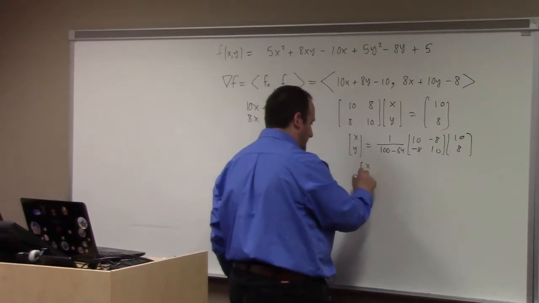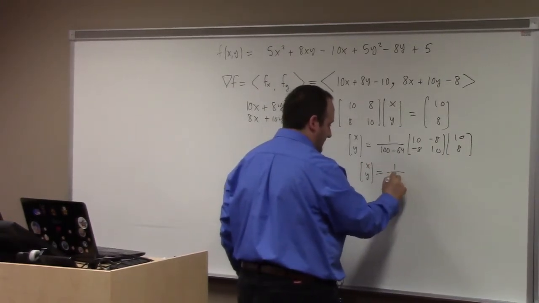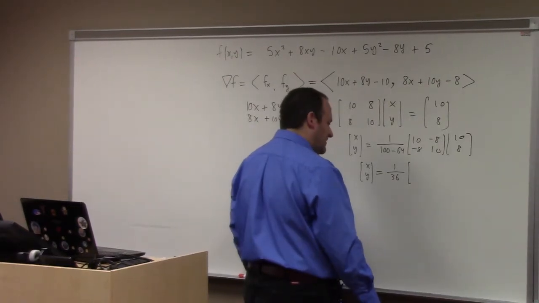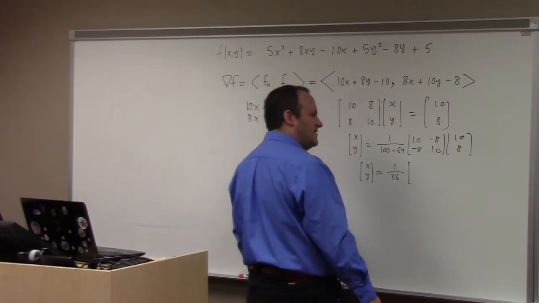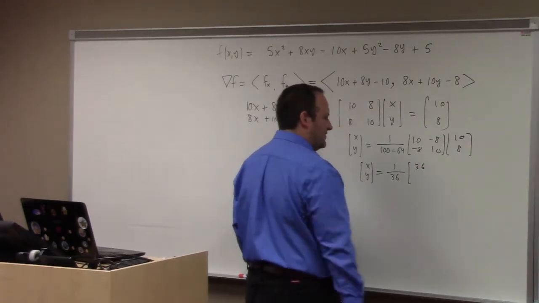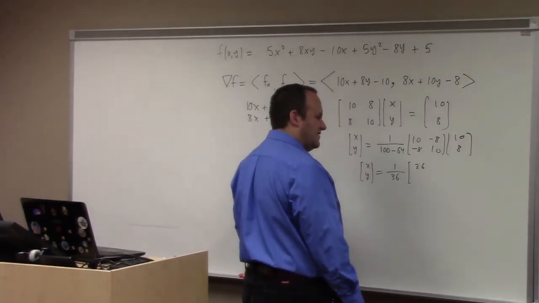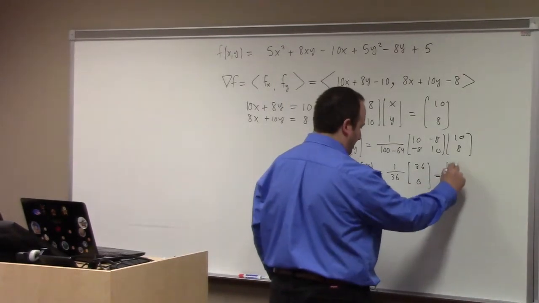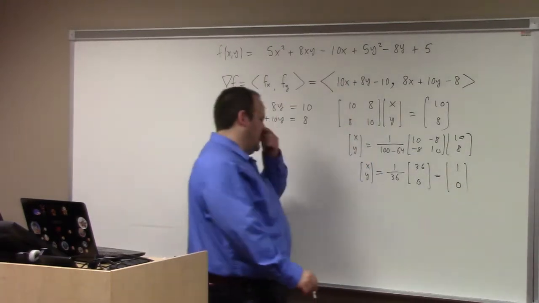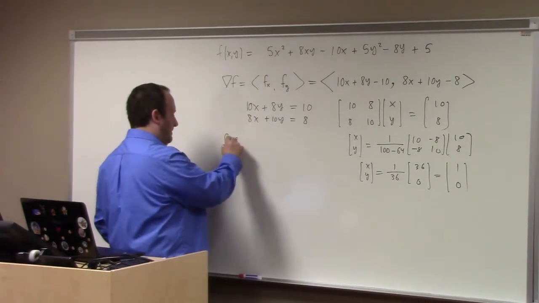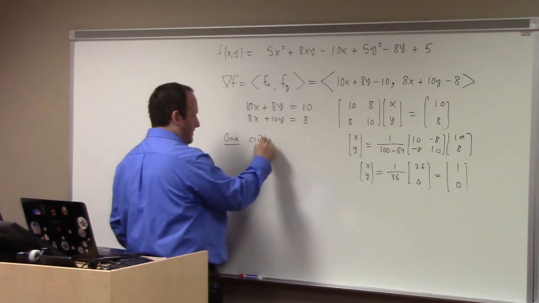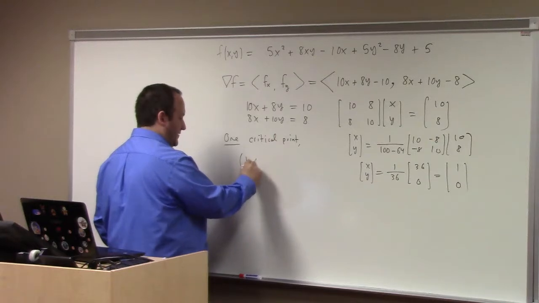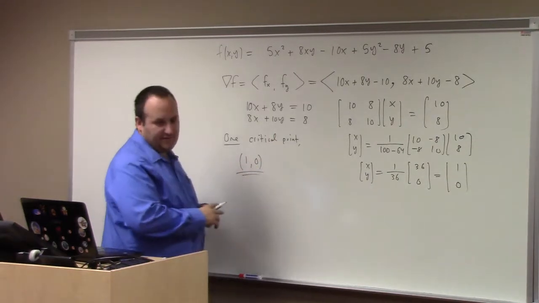All right. 36? 0? Okay, so yay, one critical point. What's the critical point? (1, 0).